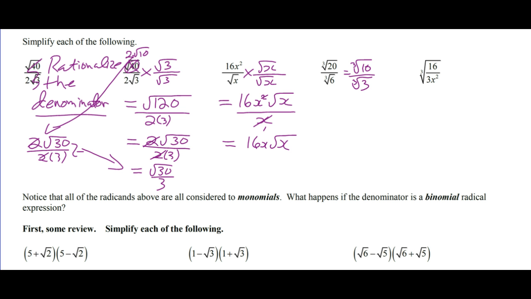Cube root 3 over cube root 3. Yeah, exactly. Okay, so first step, let's just write it down here. So I'm going to reduce this, cube root 10 over cube root 3. Then I'm going to say, okay, multiply that by cube root 3 over cube root 3. What do I get up top?